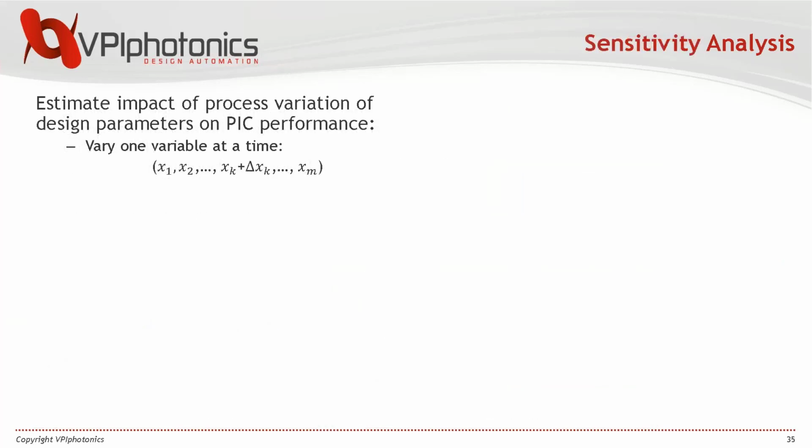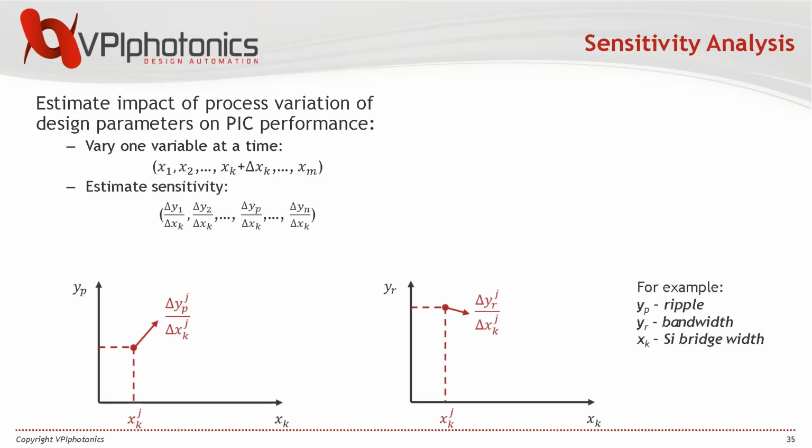Another example is sensitivity analysis. It is based on variation of one variable at a time. We change one variable around its optimal value while all others remain the same, and we can estimate sensitivity as a partial derivative of our figure of merit. It could be ripple, bandwidth, or something else in your particular case.